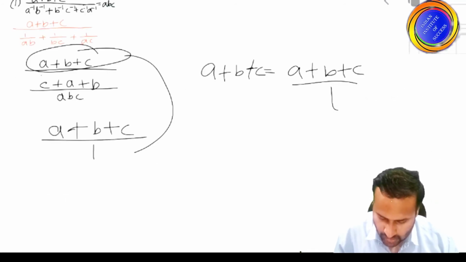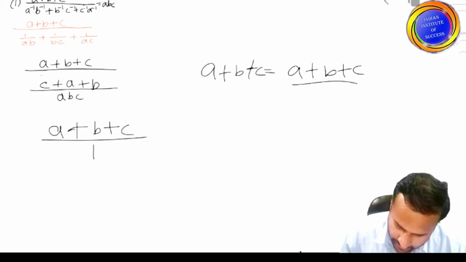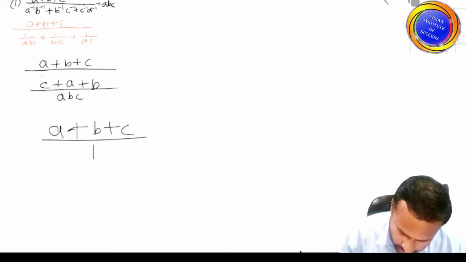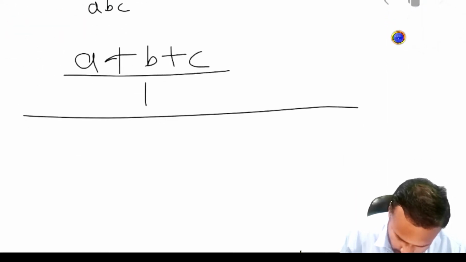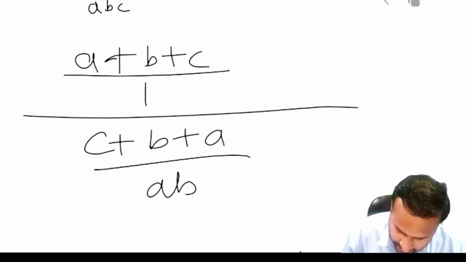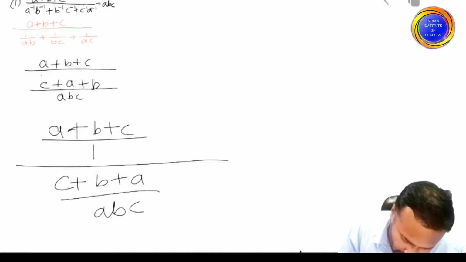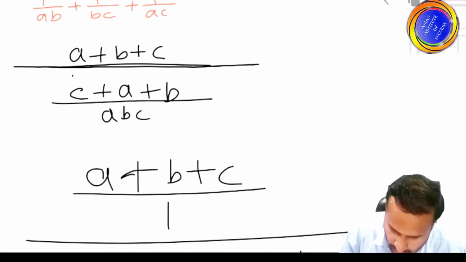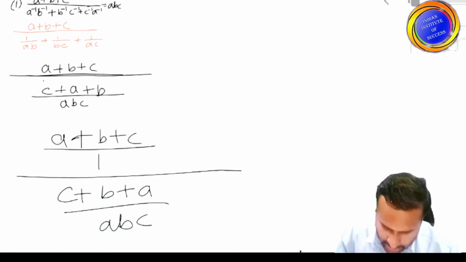So it is very easy to understand. Now upon c plus b plus a upon abc. I hope you understood this. This was the situation.